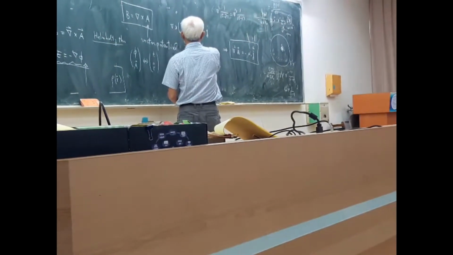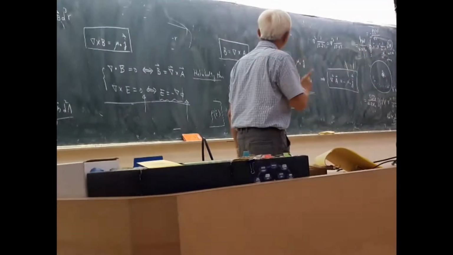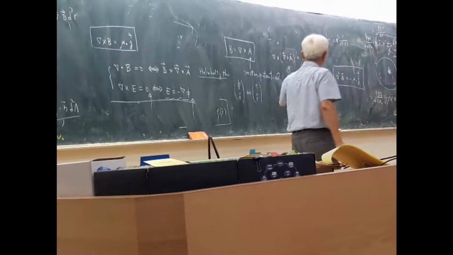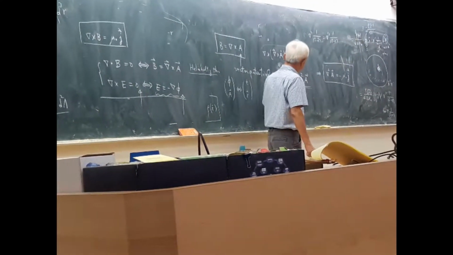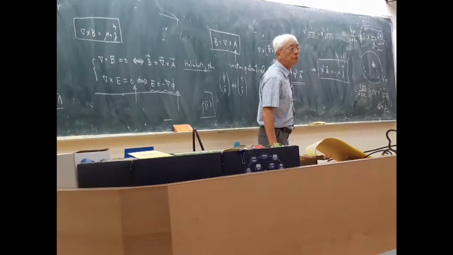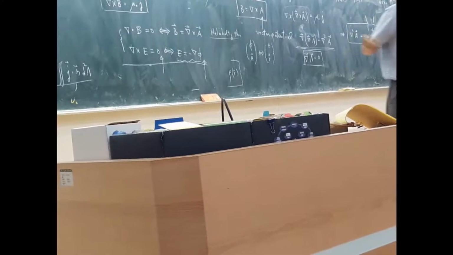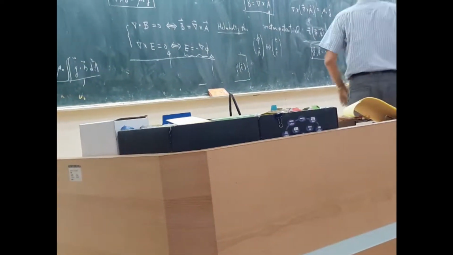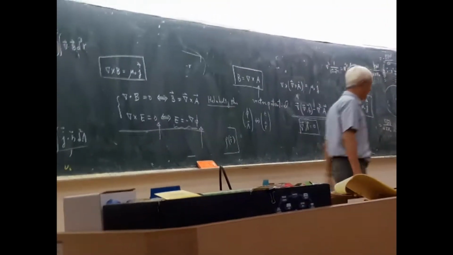When you write that one equal to that and that, if you are not using Cartesian coordinates, you should be very careful. You can easily make a mistake, some additional term coming out unexpectedly, and you don't know why. But in Cartesian coordinates, there's no problem. In curvilinear coordinates, you should be careful.